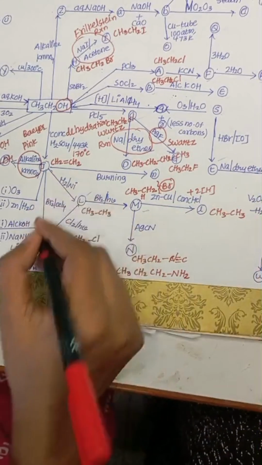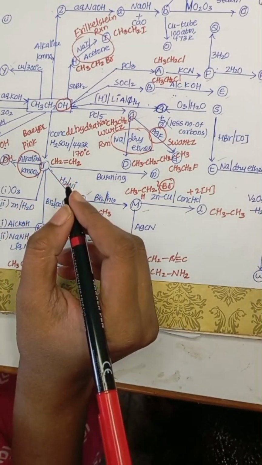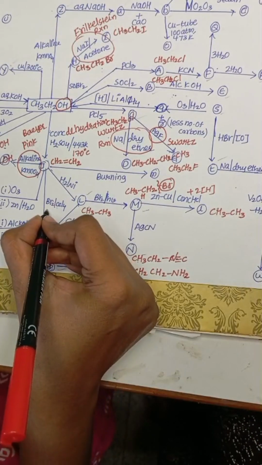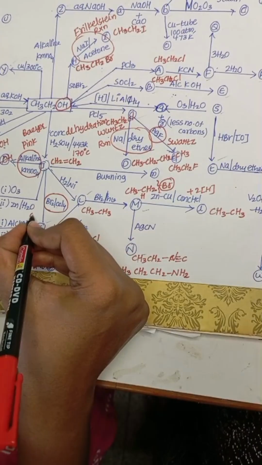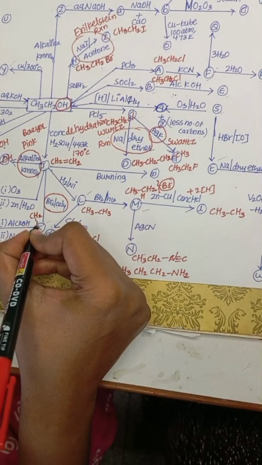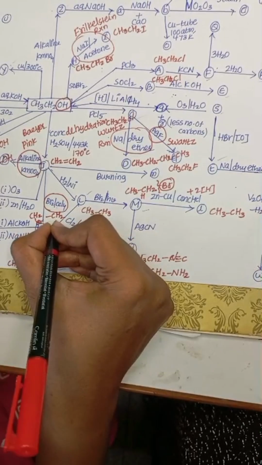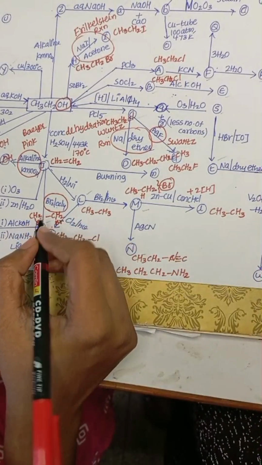Now let's come to the next one. Whenever ethene is treated with bromine in presence of inert solvent, we will get 1,2-dibromoethane, which is otherwise called vicinal dibromide.